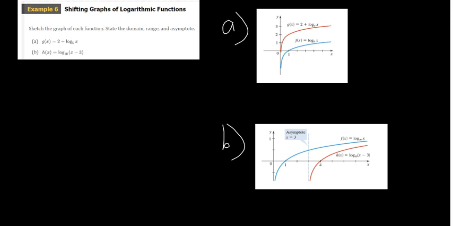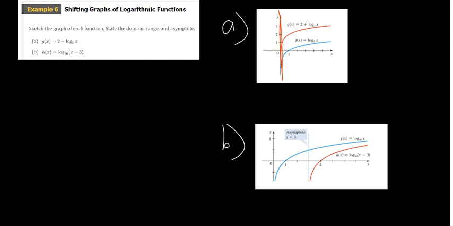For A, the asymptote, it looks like x equals 0. Yeah, I suppose this would be our asymptote. X equals 0, I'm an idiot.